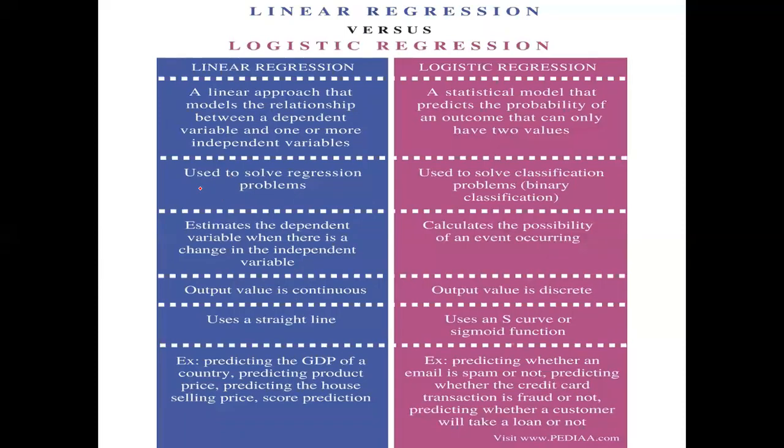The main difference between linear regression and logistic regression is that linear regression is used to solve regression problems, and logistic regression techniques are used to solve classification problems. Why classification problem? Because in logistic regression the outputs are discrete, categorical values, whereas in linear regression the outputs are continuous numerical values.